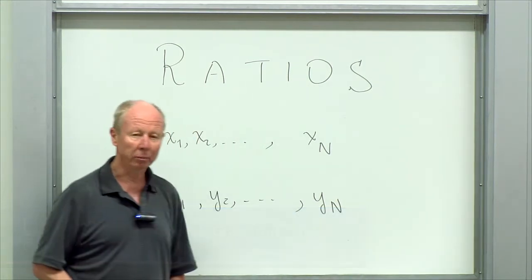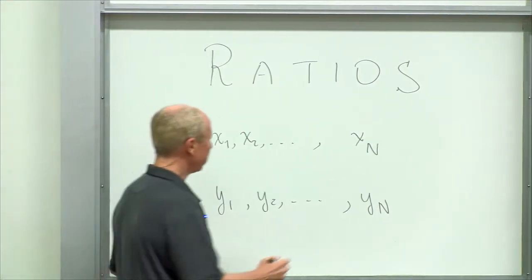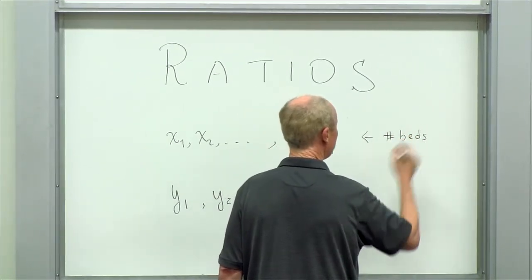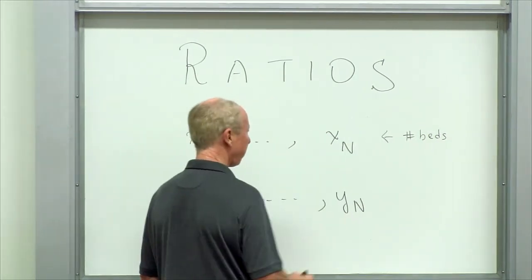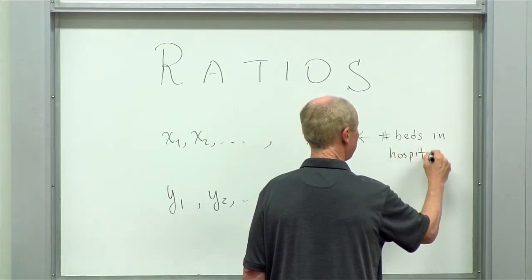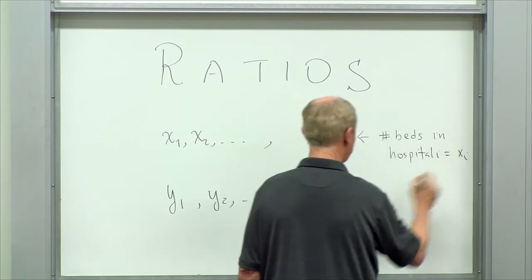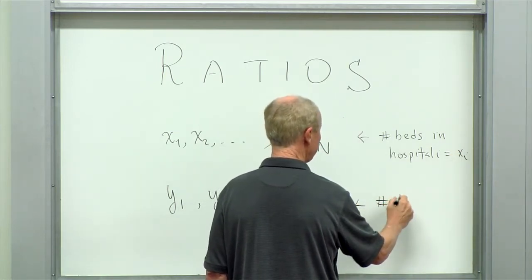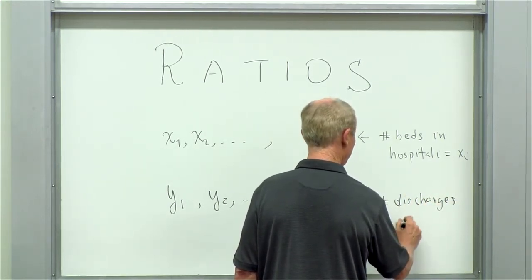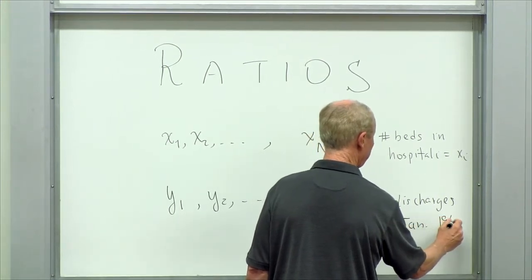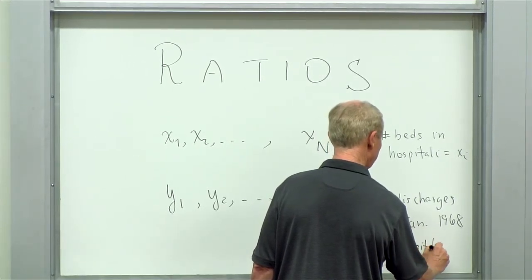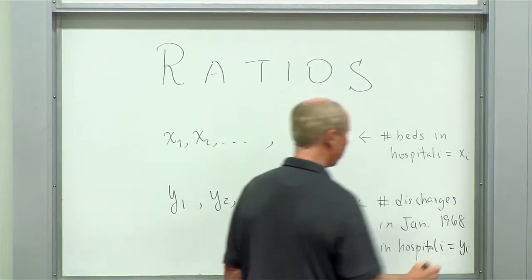The running example in the book would be the number of beds in hospital i, that would be x_i, and the number of discharges in January 1968 in hospital i, and that would be the number y_i.